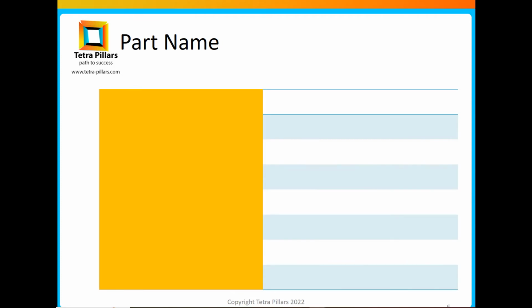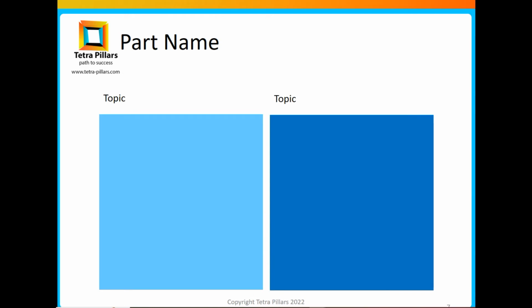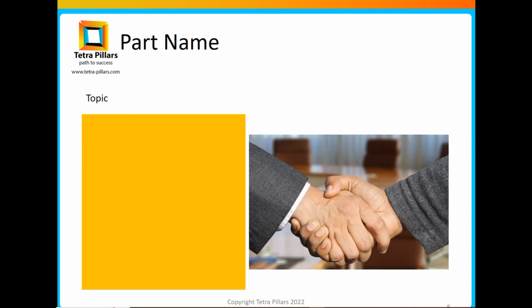Or when you have a text with a table, you can use this form of the slide. Or if you have another topic, you can use these colors and just copy and paste your topic here. And if you have a text with a picture, you can use this one.